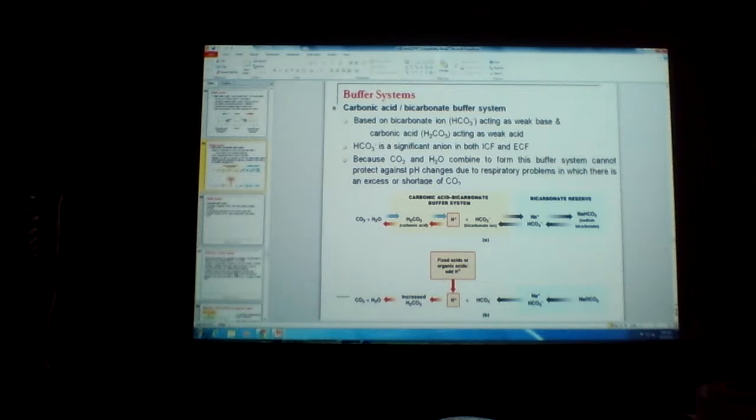Of the two body systems, which one do you think is more important, more effective? Respiratory or renal system? What do you think? Who says respiratory? Who says renal system? I say renal system. Why? Because the respiratory system can get rid of only one, that is CO2.